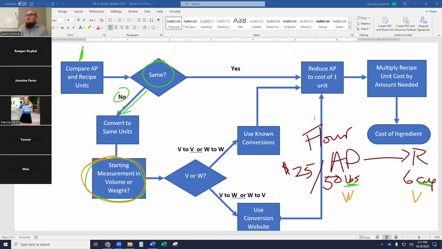So if they're not the same, then I need to use the conversion website. Once I go to that conversion website and find out what 6 cups of flour weigh, that's when I'm going to put that answer in there.